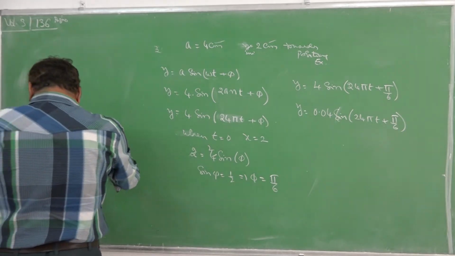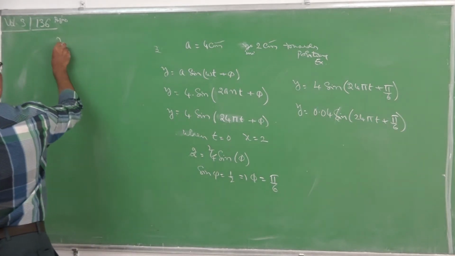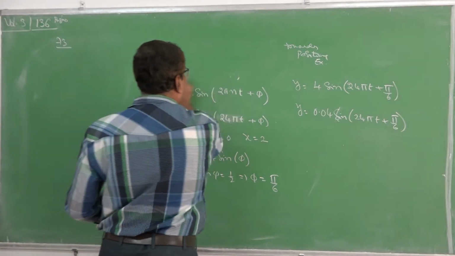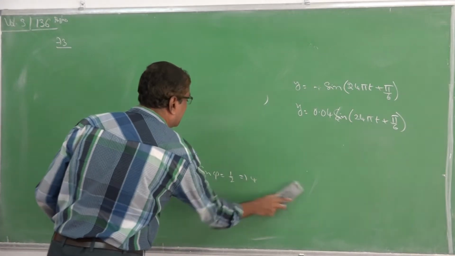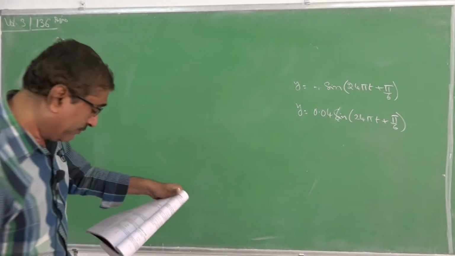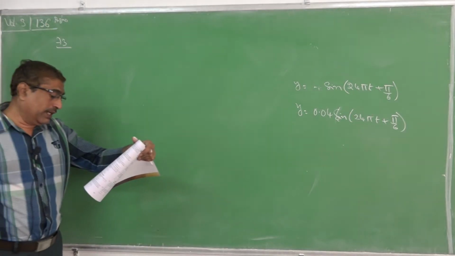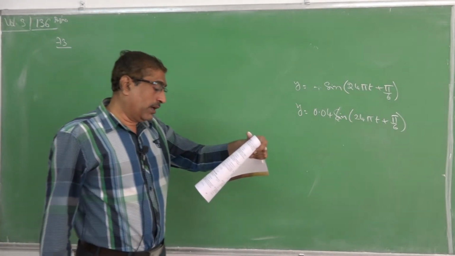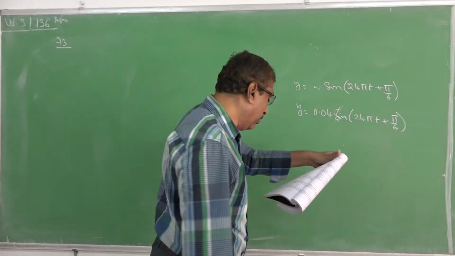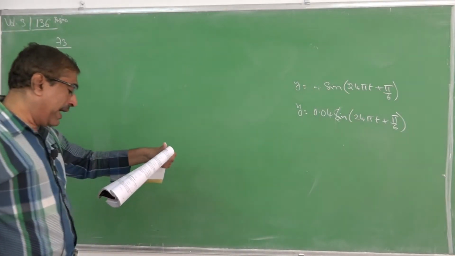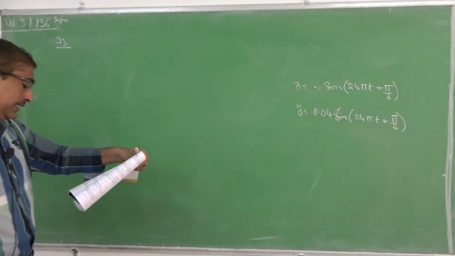Now the 73. If the displacement x and velocity v of a particle executing SHM are related through the expression 4v square is equal to 25 minus x square, then the maximum displacement in meter is.